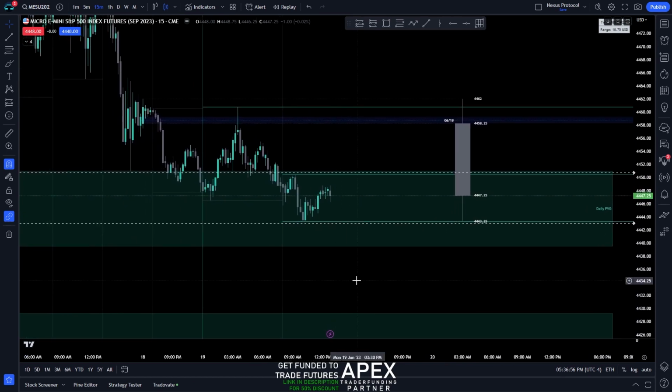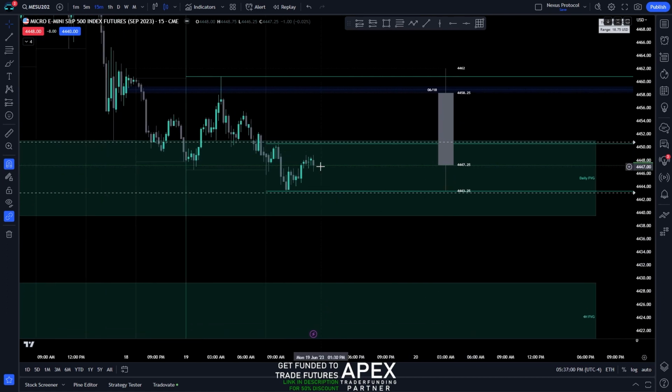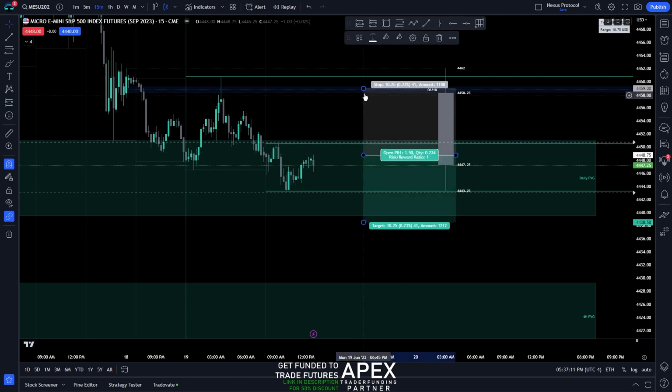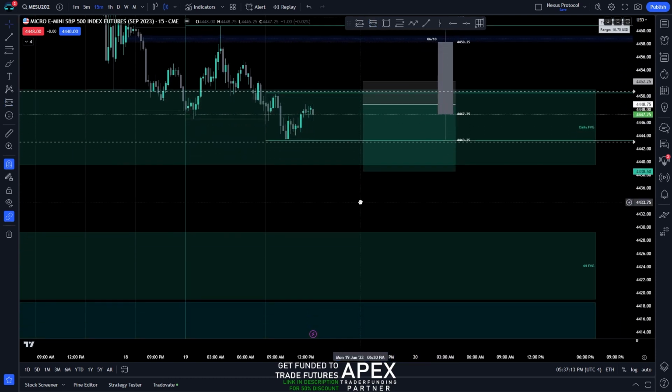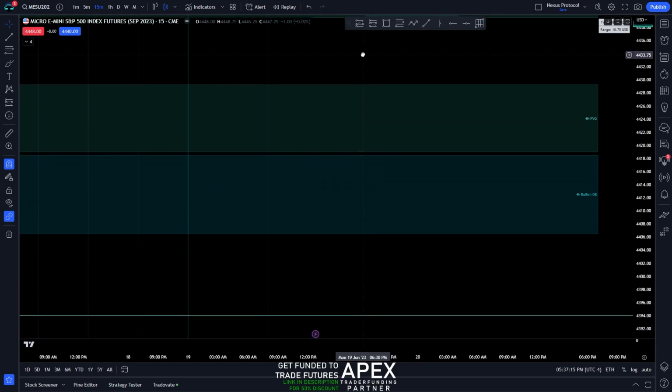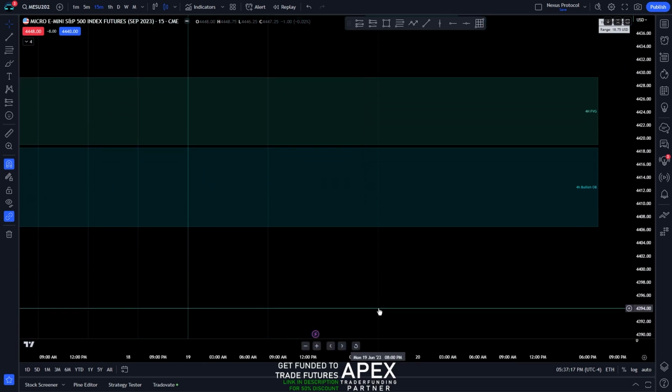This is the 15-minute chart at the moment, but when you're really in here looking and trading, say it takes this liquidity level, makes its market structure shift, comes out into a fair value gap, and you're looking to go short, you can look at where's the next liquidity level that it hasn't taken yet.